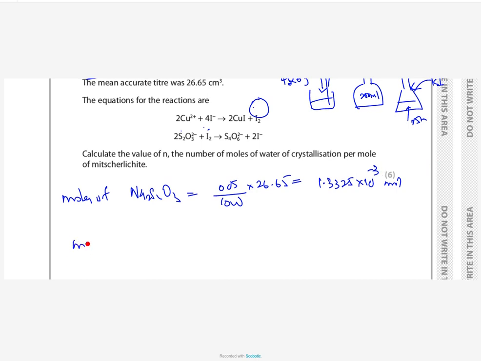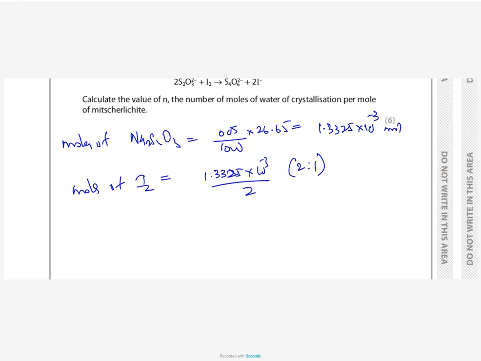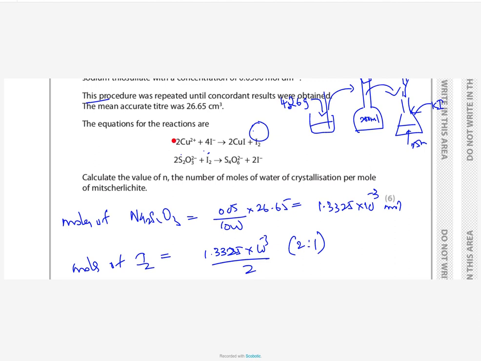So moles of iodine is half of this. Why half of it? Because of the 2:1 ratio. And that is moles of iodine in 25 ml, okay? And you can find the moles of copper 2+ then. Multiply by 2 again.